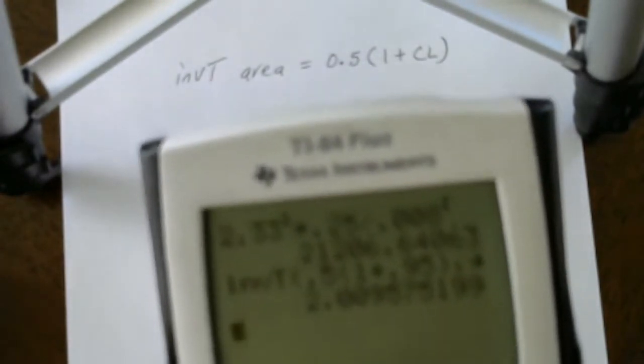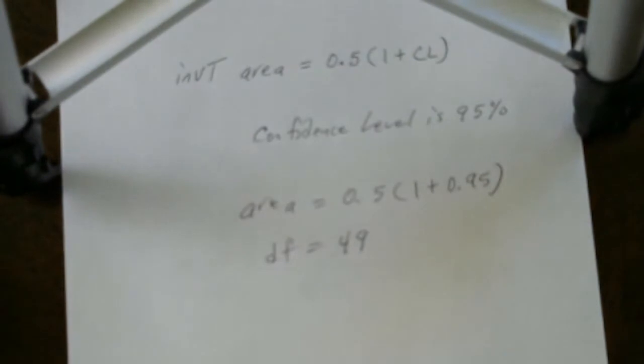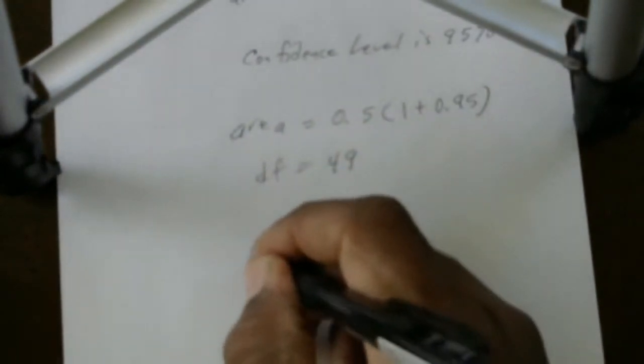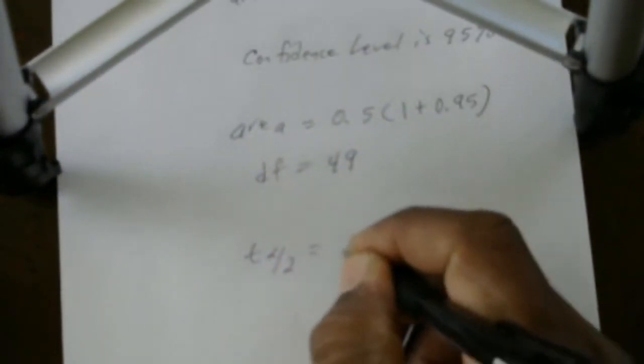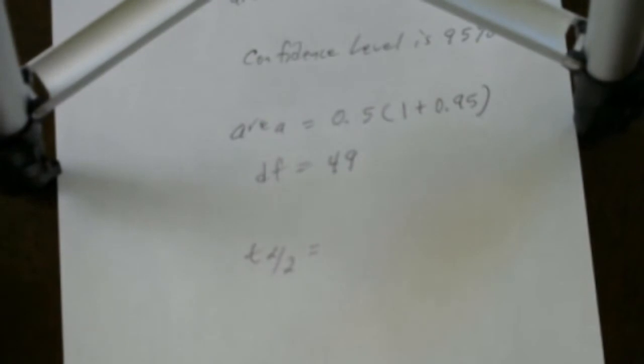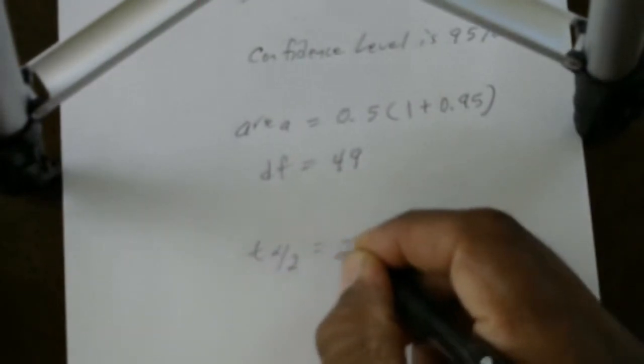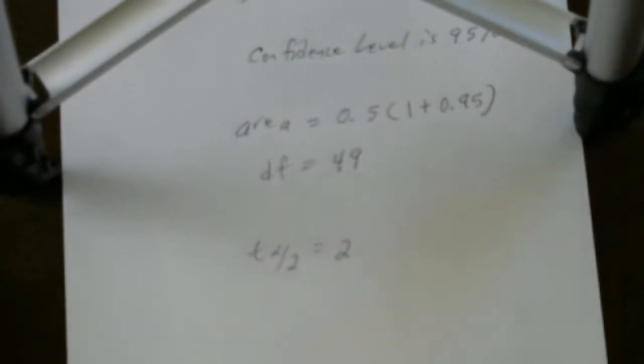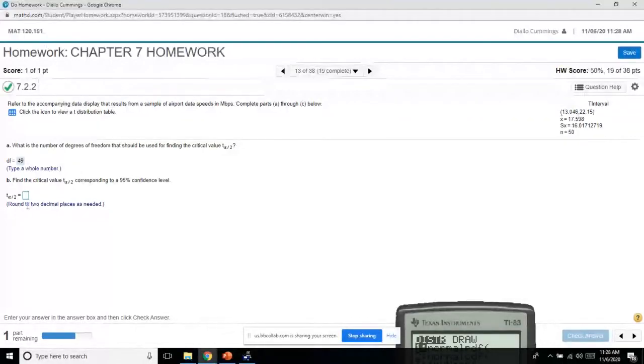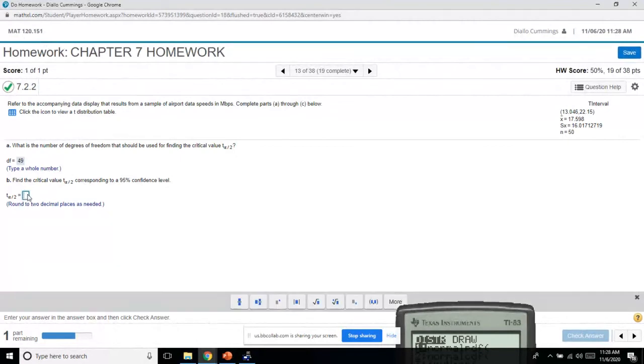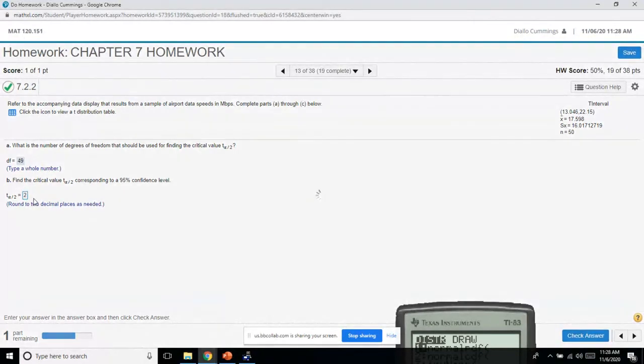And I get a value of 2.00. So my T alpha over 2 value is 2. We're rounding to 2 decimal places, so 2.00, which is 2.